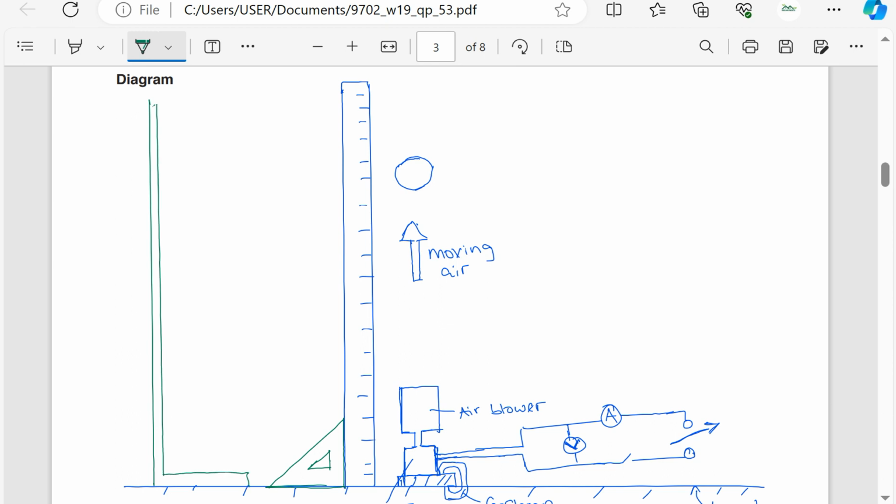So this is the stand which is going to hold the ruler. So I need a clamp.